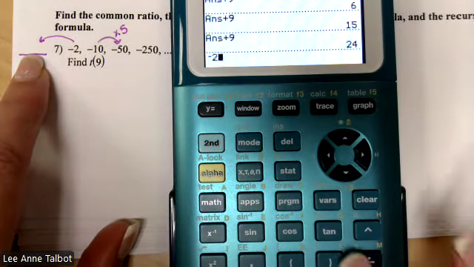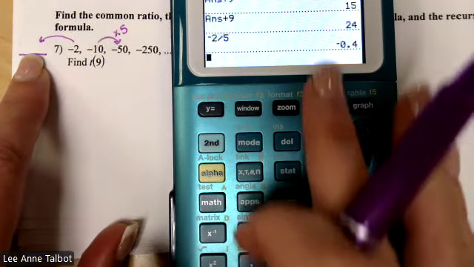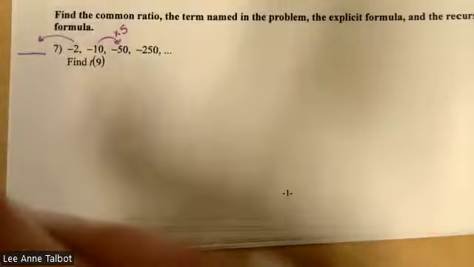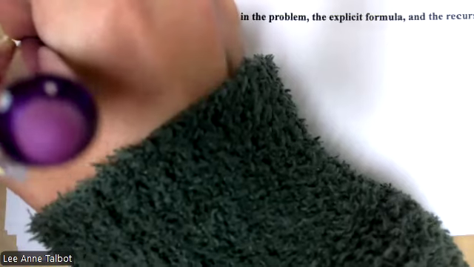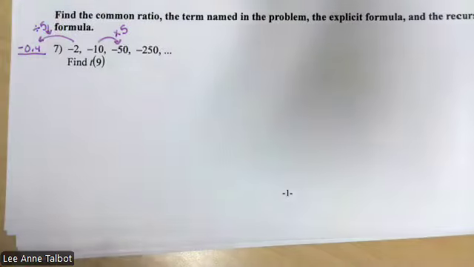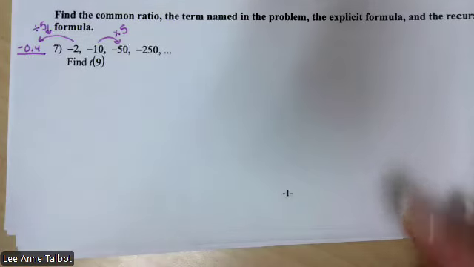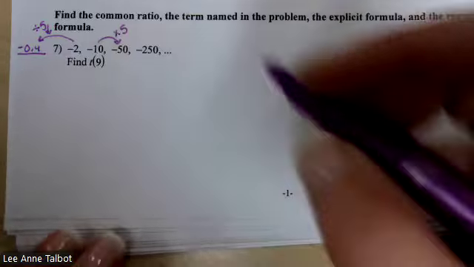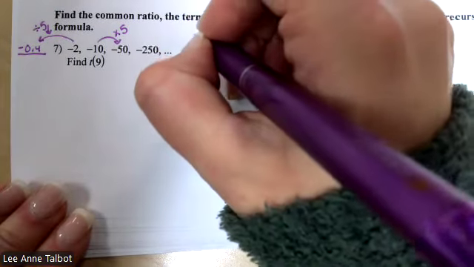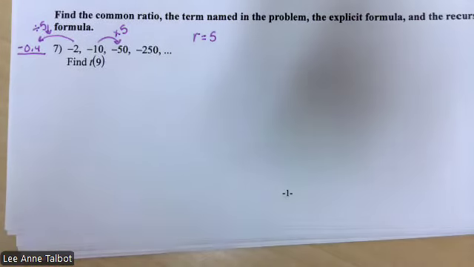So -2 divided by 5 is -0.4. You might want to make yourself a little note. Okay, so find the common ratio. That's R is 5. Multiplier is 5.